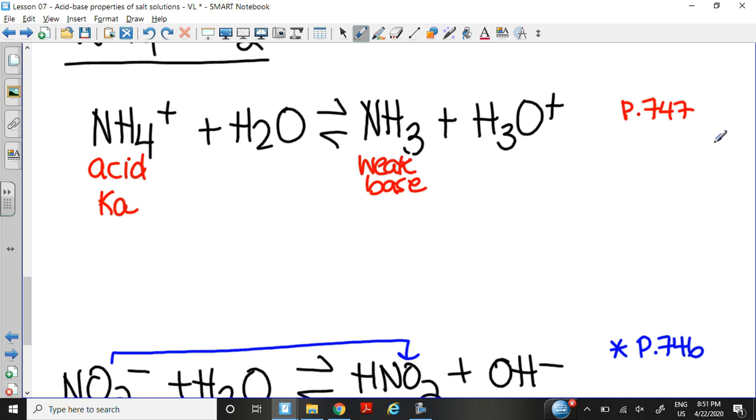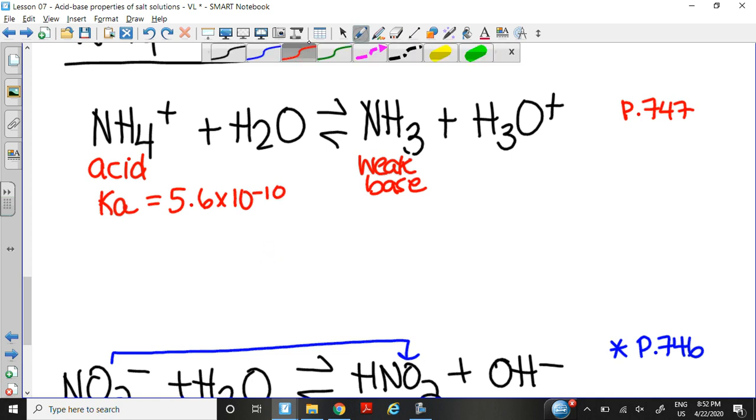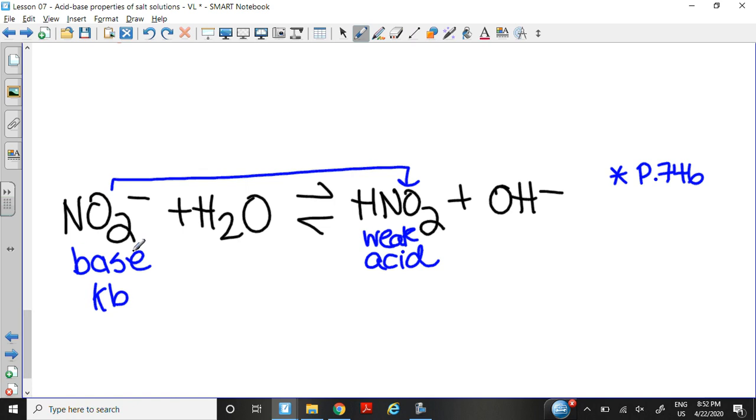After taking a look at the appendix, hopefully you found that there is a Ka value for the ammonium ion. It's 5.6 times 10 to the negative 10. But did anyone have any luck finding the Kb value of the nitrite ion? You shouldn't, because it's not in that table.